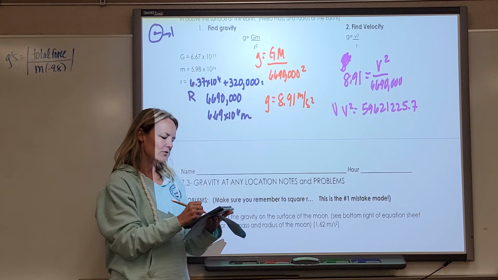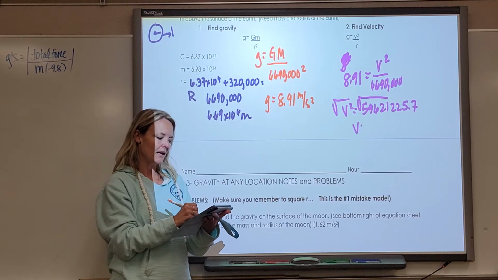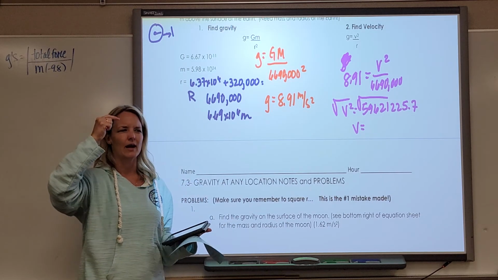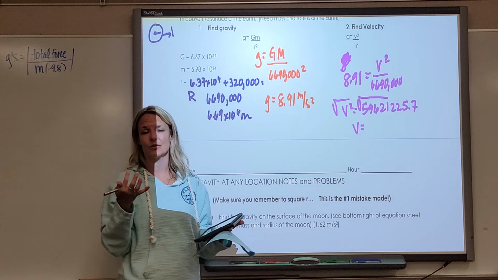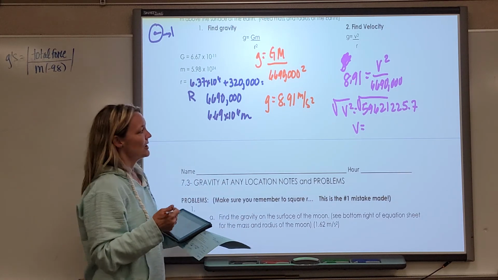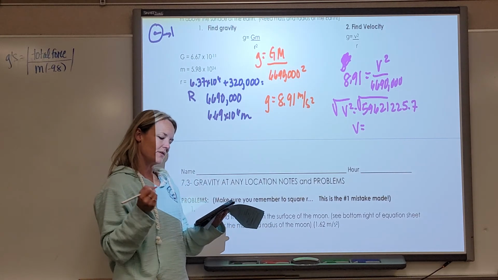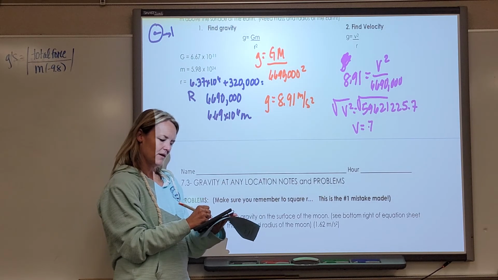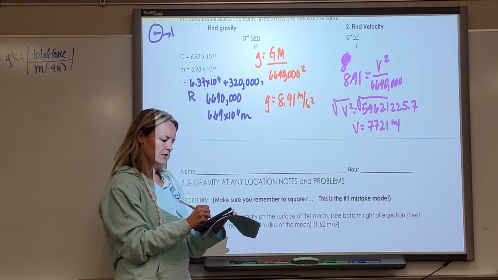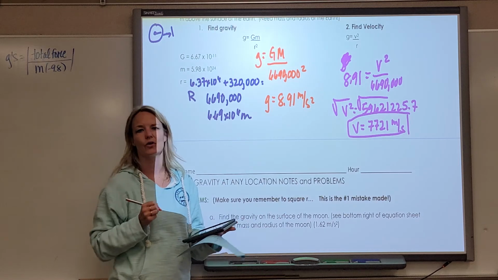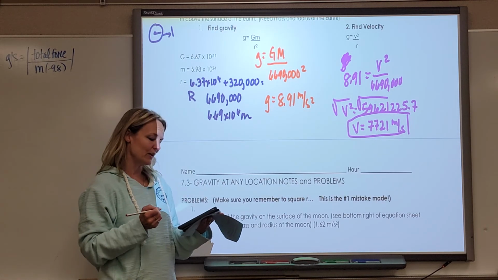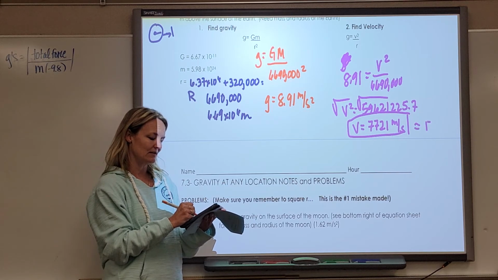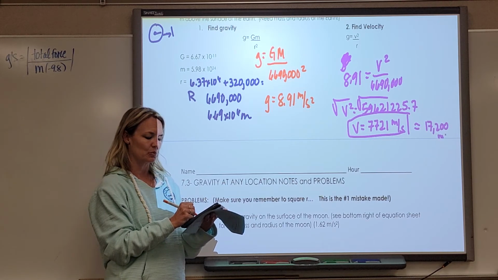From there, you just need to square root it, and on your calculator, I hit second square root, second answer, it dumps it in, so I don't have to type it all in. Then you will find that the final answer is 7721 meters per second. So it needs to go almost 7,800 meters per second, which is approximately 17,200 miles per hour.